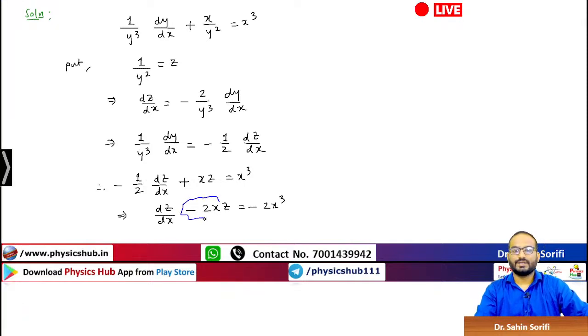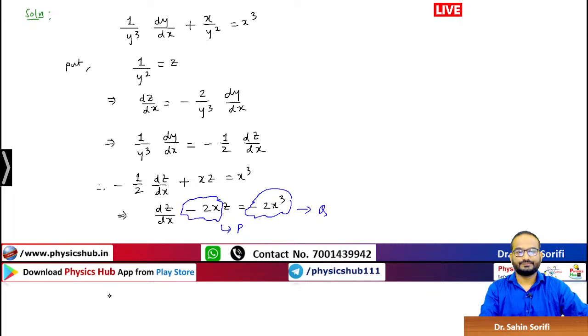Okay, so this is now in the linear differential equation form, and as you can see, this minus 2x is p, minus 2x cube is q. So we can write the integrating factor: e to the power integration p dx, e to the power minus x square.